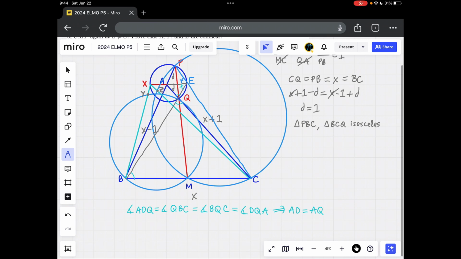So we again get parallel lines and isosceles triangles. Angle PEA equals angle PCB, because lines AX and BC are parallel. But remember that triangle PBC is isosceles. So angle PCB is also equal to angle CPB, which is equal to angle EPA.